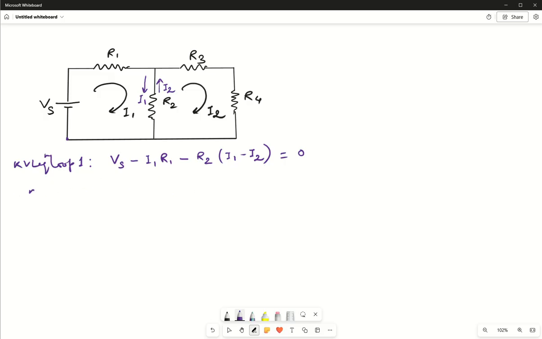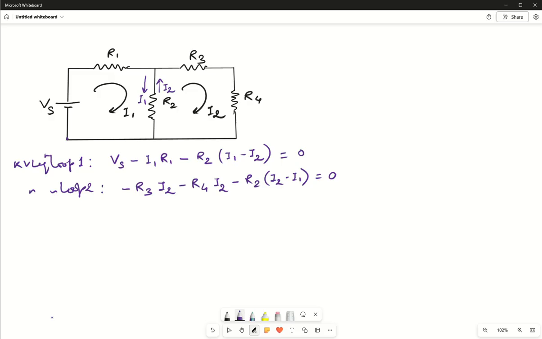Similarly, for the KVL equation of loop 2, using the same logic: minus R3 into I2, minus R4 into I2, then minus R2 times I2 minus I1, equals 0. This is the basic logic behind how we write KVL equations for any circuit.